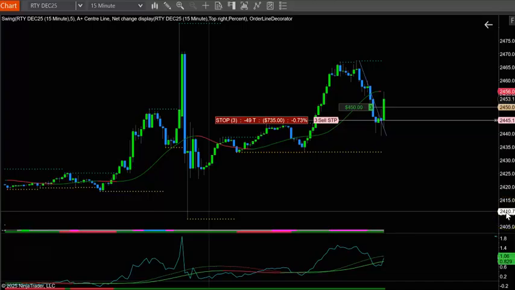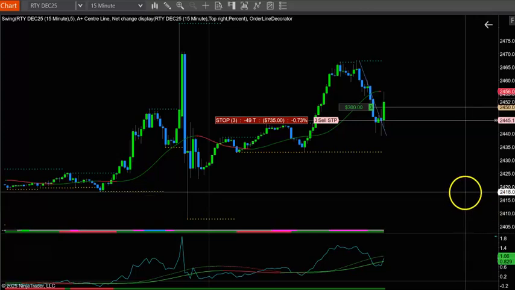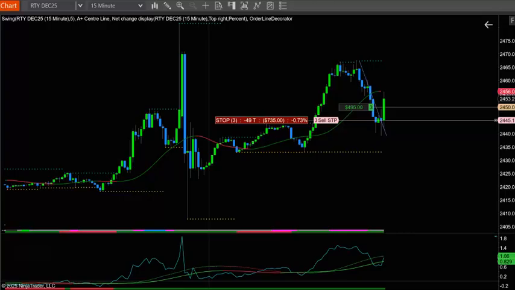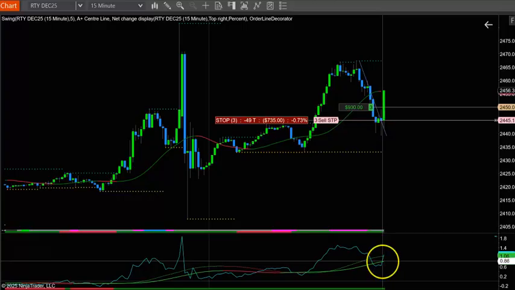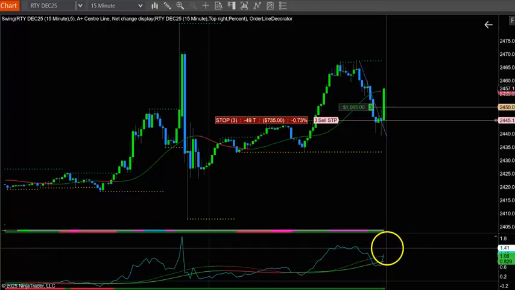Alright, now it looks like we're going to get going here. Notice how this is crossed up over the moving average there.